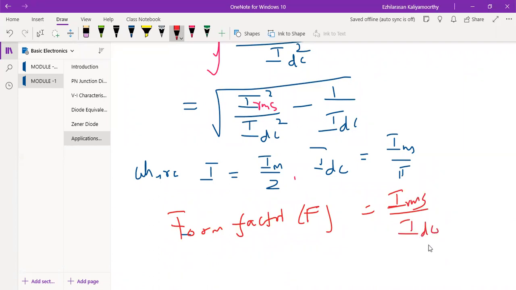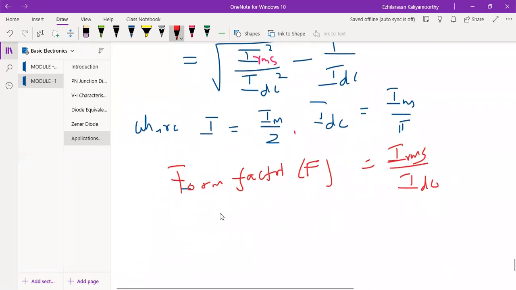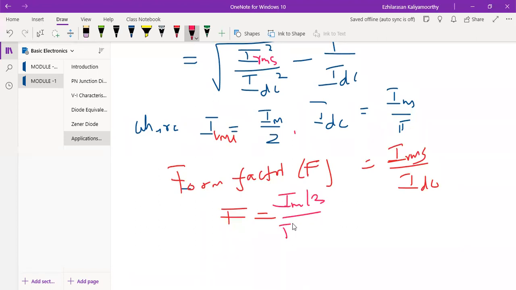The ratio of RMS to IDC is your form factor. IRMS is Im by 2, where IDC is Im by pi. When I substitute these two, I get Im by 2 divided by Im by pi. So F is equal to 1.57.